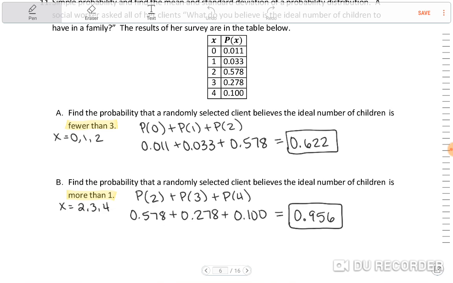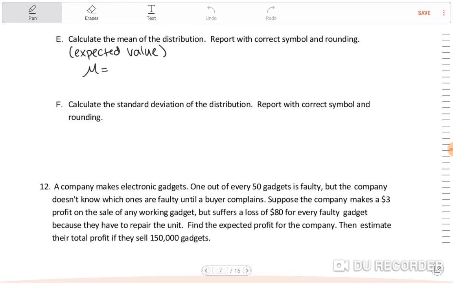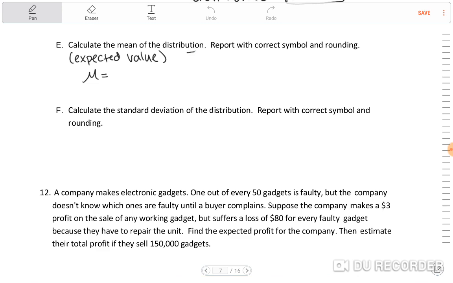In order to find the mean of this distribution, you are finding the sum of the x times p of x. So, in other words, the expected value, let me write this down here. Expected value, or E of x, is equal to the sum of x times p of x.